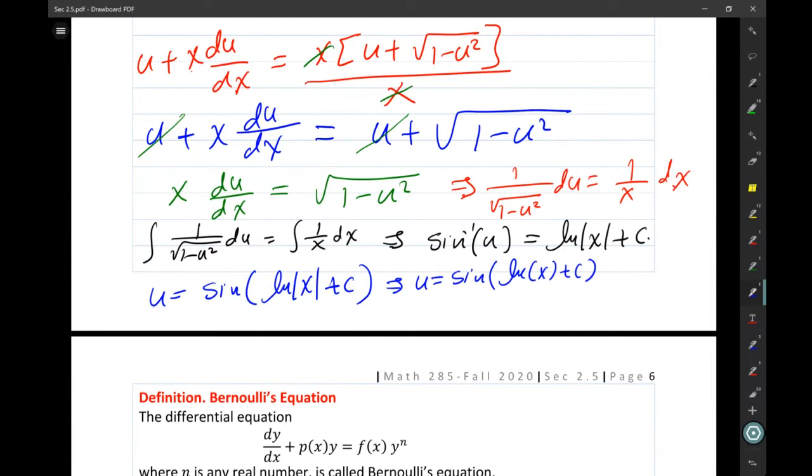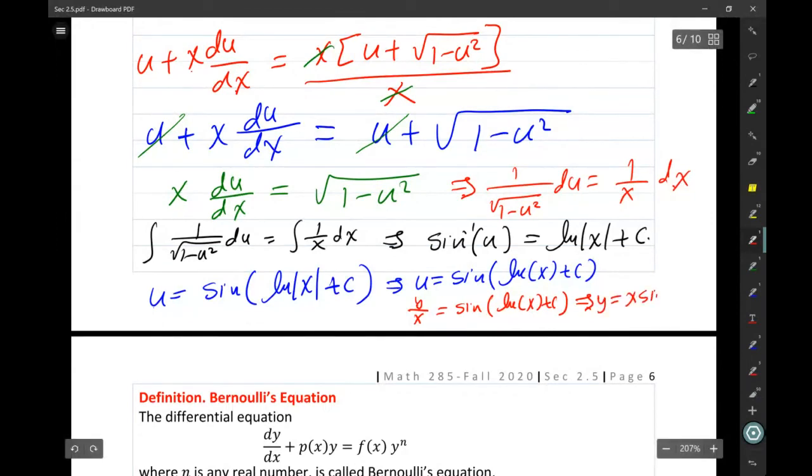So u is y by x, which is equal to sine of ln x plus c. Multiply both sides by x, and it becomes y equals x times sine of ln x plus c. And that's all.